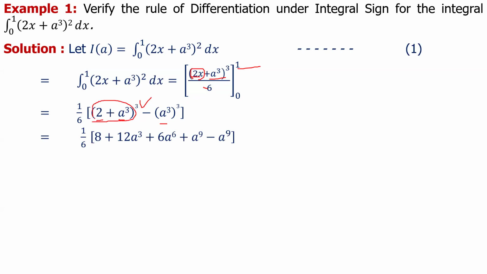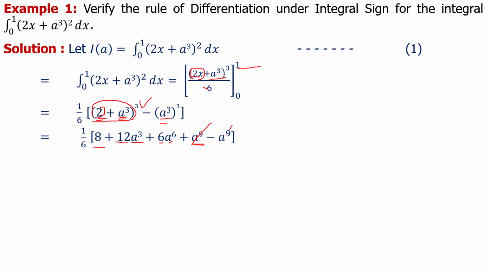So 2 cube is 8, and a cube to the power 3 is a to the power 9, plus 3a square b: 3 into 4 is 12, and b is a cube; plus 3ab square: 3 into 2 is 6, and b square means a cube whole square is a to the power 6; minus a to the power 3 whole cube, which is a to the power 9.